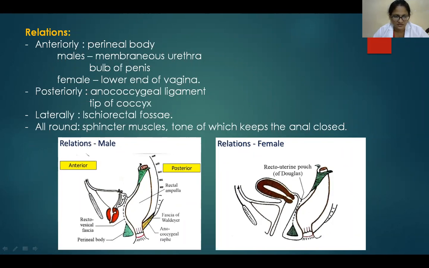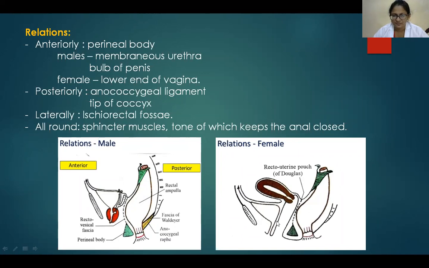Next, coming to the relations of the anal canal. See, this is the male picture and this is the female picture. Anteriorly, in both males and females, the anal canal is related to the perineal body. In males it is related to the membranous urethra and bulb of penis, whereas in females it is related to the lower end of the vagina.